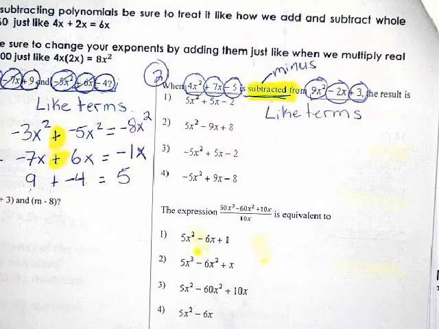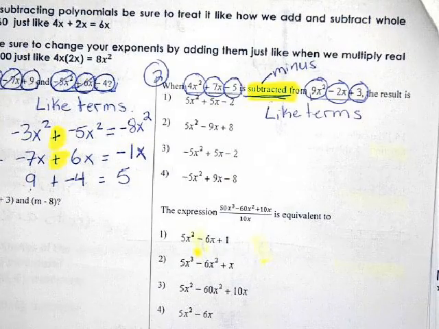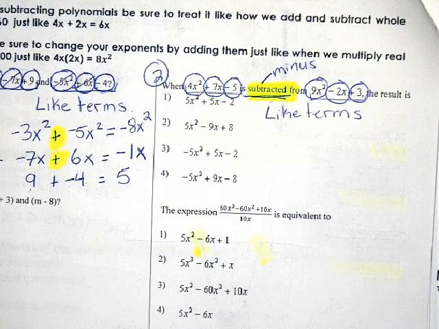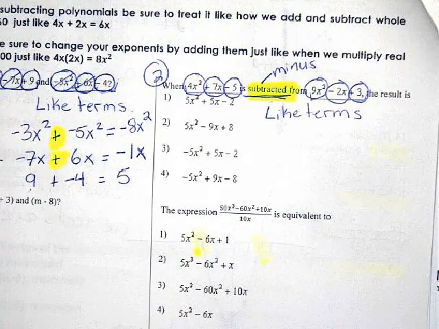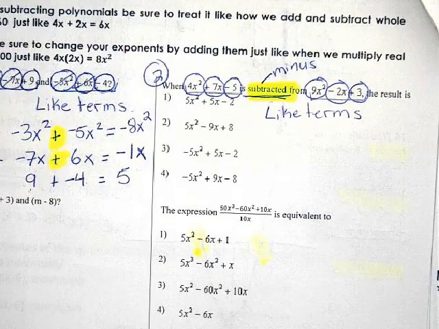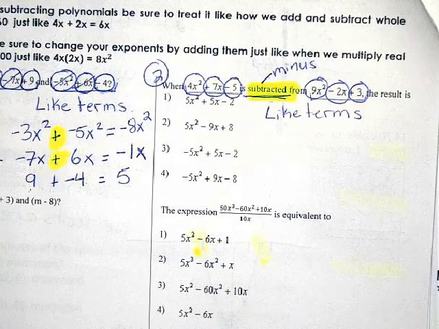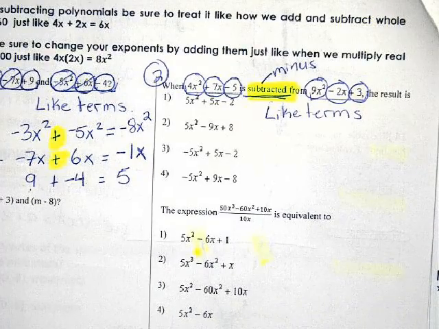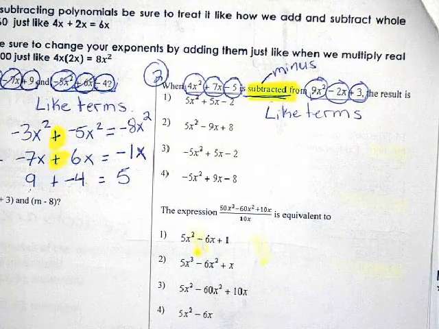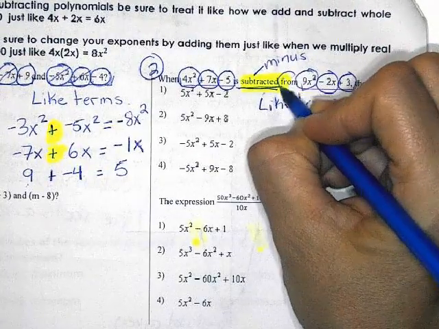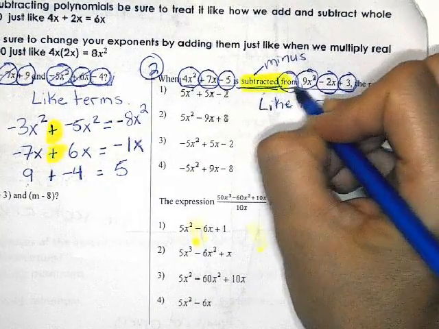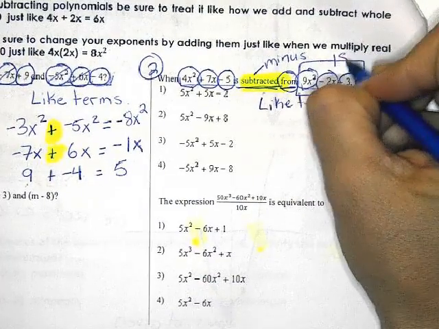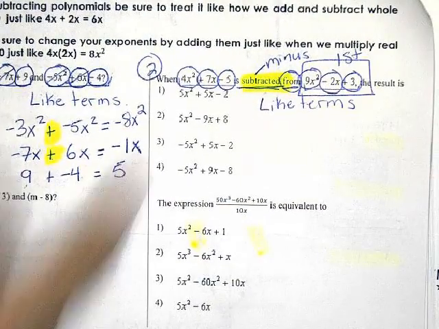So, what subtract what? 4x squared minus 9x squared. Close. Very close. Now this is how they trick you on the Regents exam, because it doesn't say it like that. So you gotta put the biggest in front. This word from tells you that this is really your first polynomial, and the other one is your second.